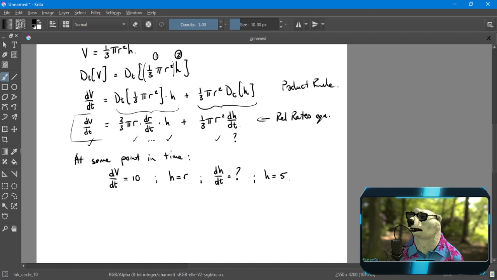So I can only have one unknown in this related rates equation. So because my unknown is the dh/dt, I have to get numbers for everything else. So because the height and the radius are always the same, that means the radius at that point in time is also 5. So let's see what we can do with the rate of change of the radius, because that's something we don't directly have a number for.